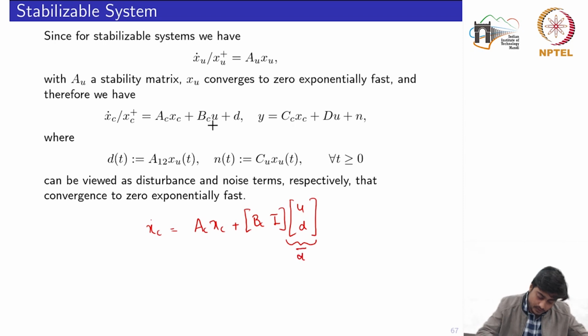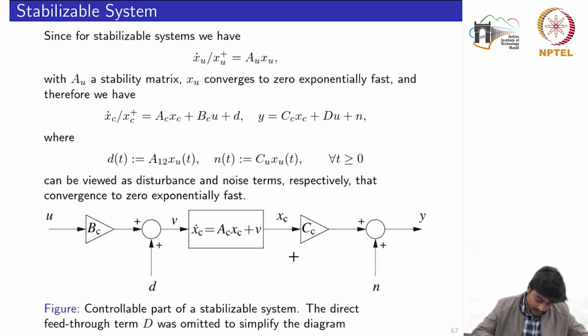So either you use this representation or this representation. So this is U bar. Okay. And this is the block diagram representation only of the controllable state, where this D is your uncontrollable state and N again the uncontrollable state with the output matrix. Okay.